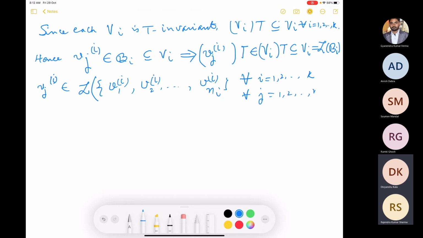So this is in the linear span. Now once this is in the linear span, this can be written as, so this Vji T actually.